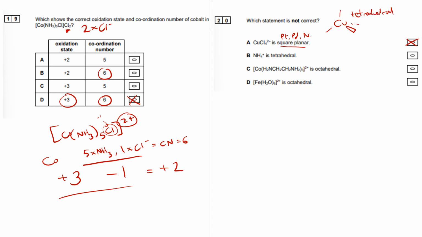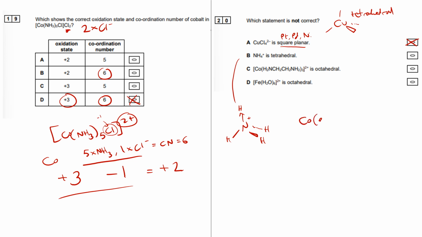But when it's saying which statement, you should go through all of them just to make sure you're confident with your answer. So is ammonium tetrahedral? It is, because there are 4 bonding pairs. The extra lone pair on nitrogen forms a dative covalent bond or a coordinate bond with an H+ ion. So that is tetrahedral.